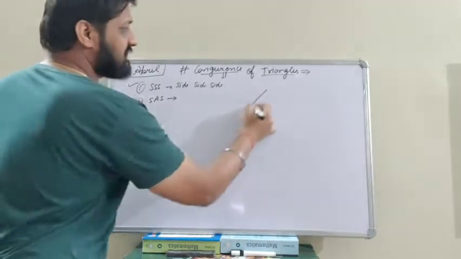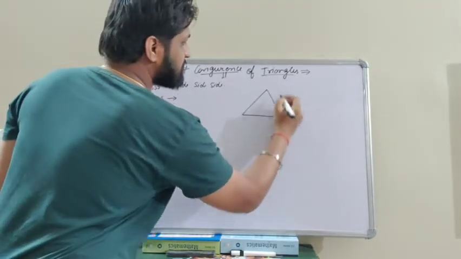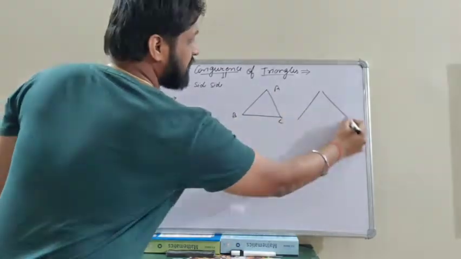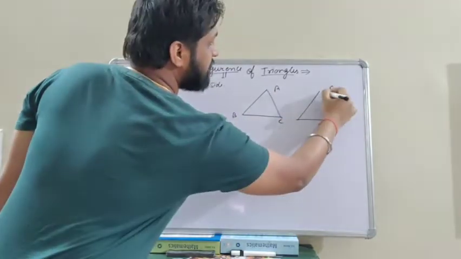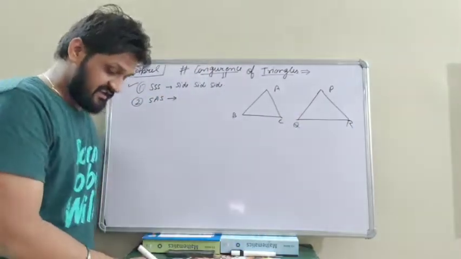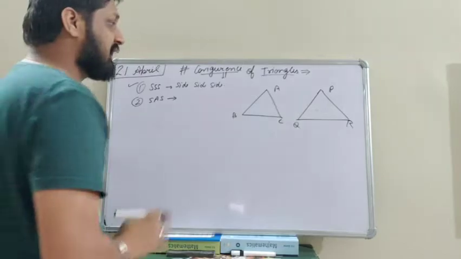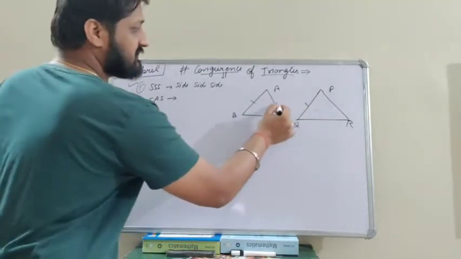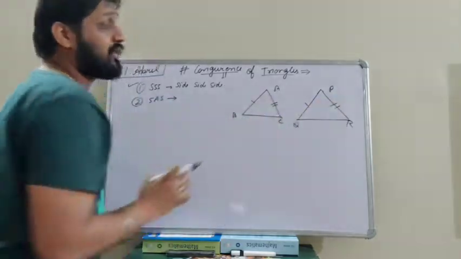For example, we have two triangles again. Let's take two triangles, ABC and PQR. Now here we can say that this side is equal to this side and this side is equal to this side. What is given?